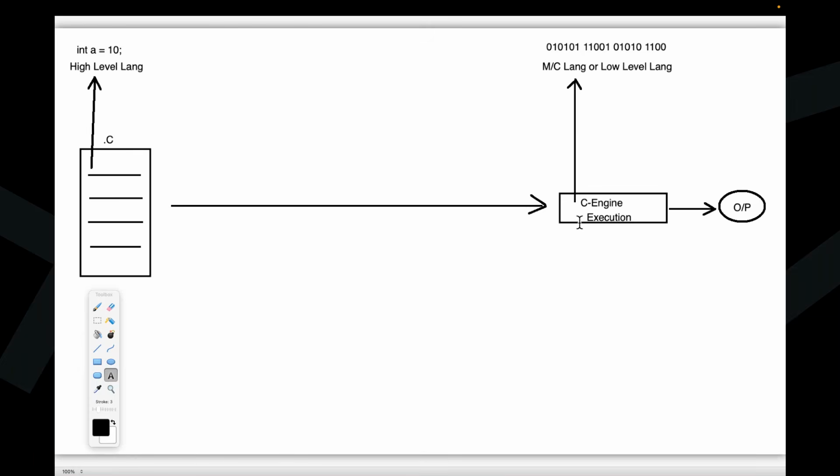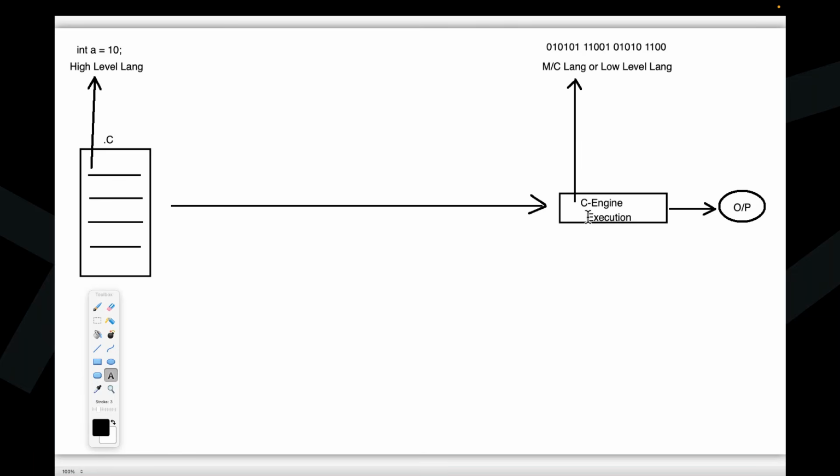Everybody respond. Is it possible? Not possible. It is not possible for the C engine to directly execute high level, developer friendly language, as it follows machine language.